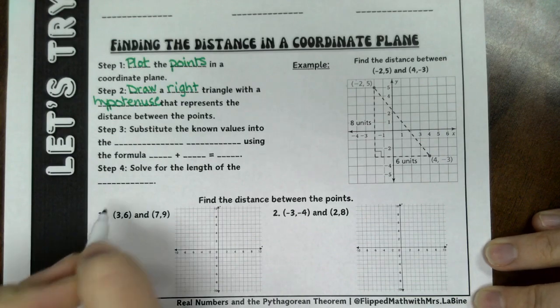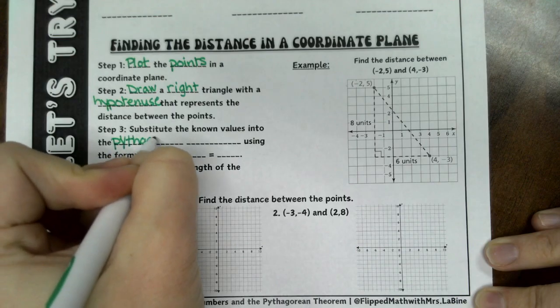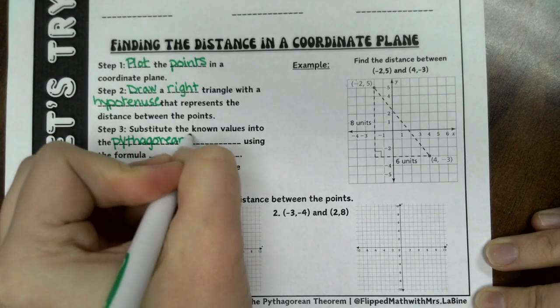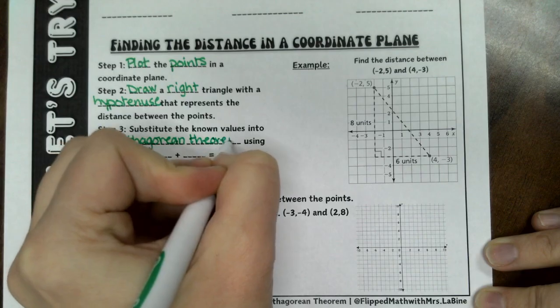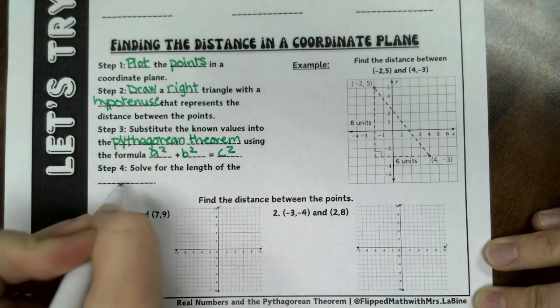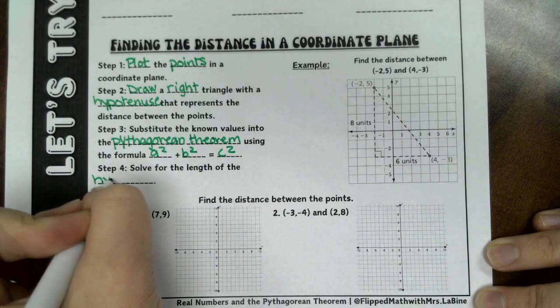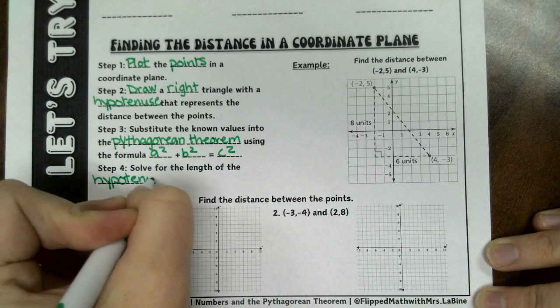Substitute the known values into the Pythagorean theorem, using the formula A squared plus B squared equals C squared, and solve for the length of the hypotenuse.